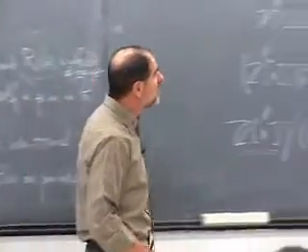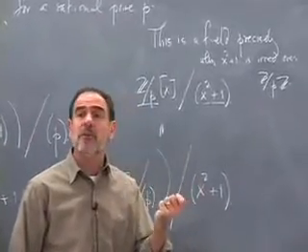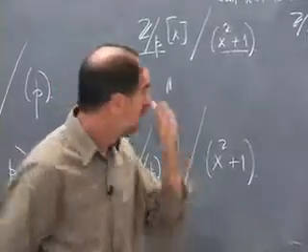Now, we only have a polynomial of degree 2. So it's irreducible provided it has no roots. Correct? Okay.